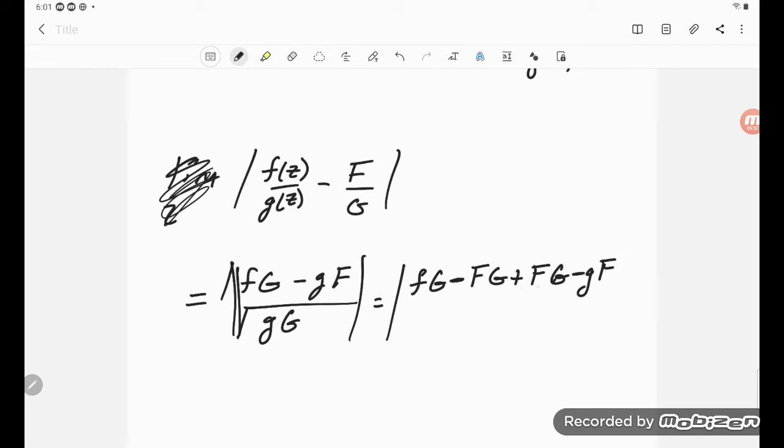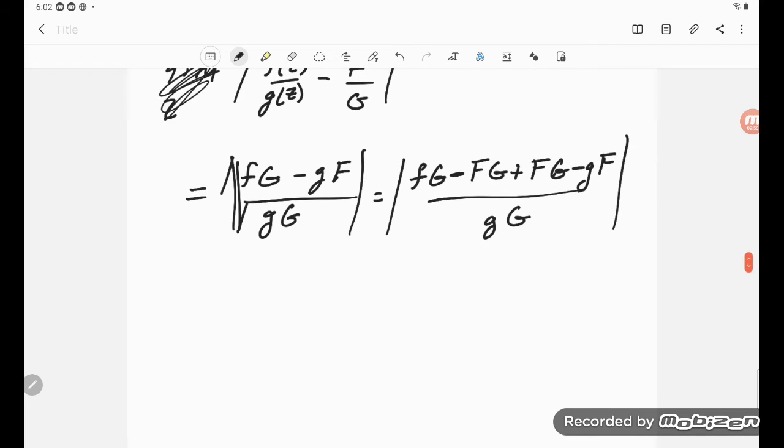So I add and subtract the same thing there, all over G, like that. And so then what I get to is I get that I want to work with and that. So I use again the triangle inequality. So this is less than the absolute value of. Now I'll have a uppercase G in both of those and uppercase G there.